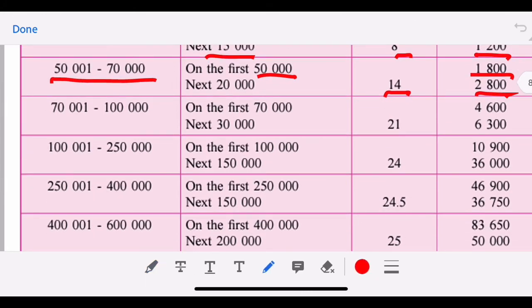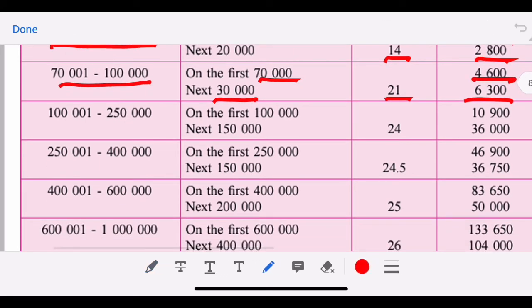Okay, for 70,000 to 100,000, on the first 70,000 is 4,600, and then for the next 30,000 is 21%, which is 6,300. For exceeding 100,000 to 250,000, the first 100,000 is 10,900, and next 150,000 is 24%, which is 36,000.